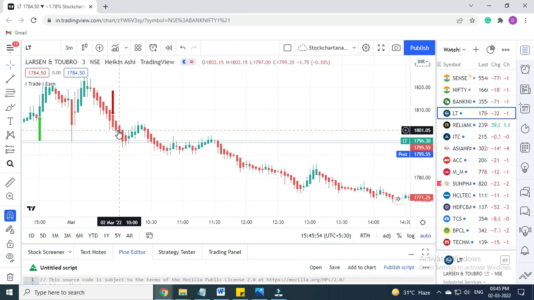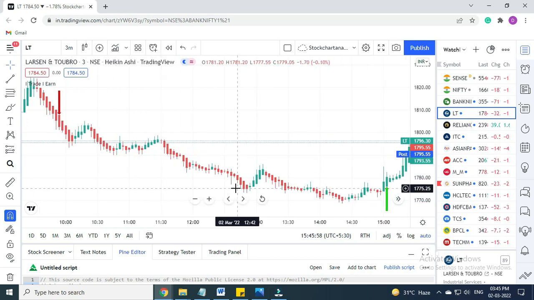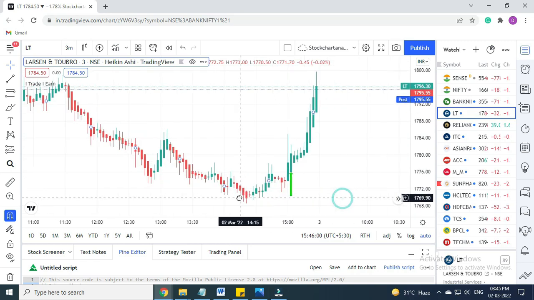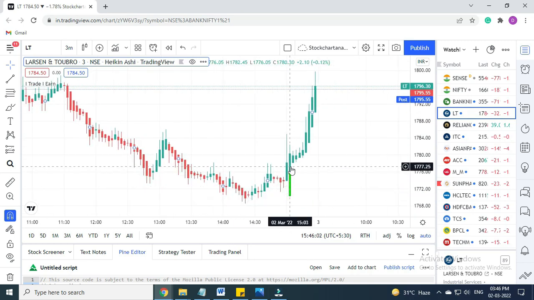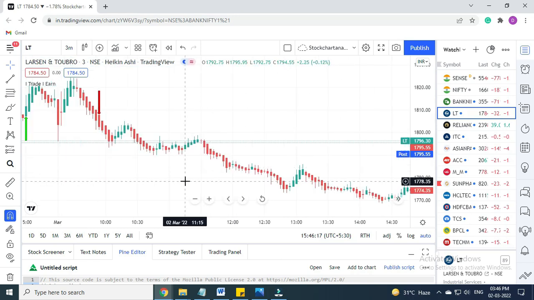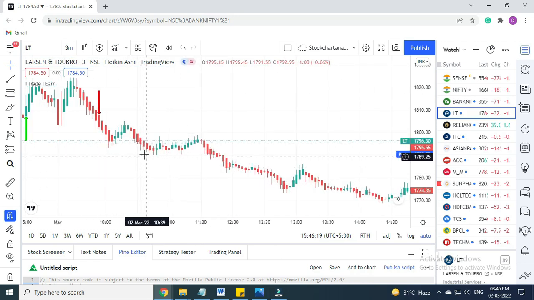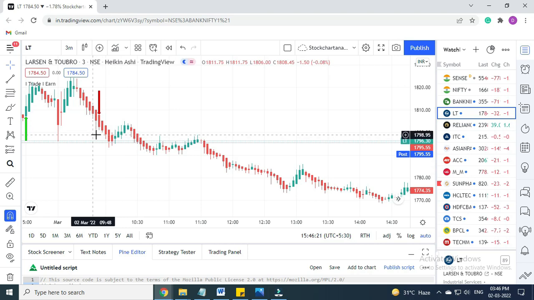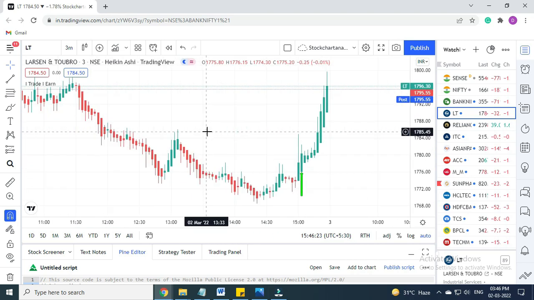The trade executed here, and you can see it went down right till here, and then again one more buy signal, and in this candle the trade got executed, but we will not consider this as a trade, because as I said, after 2:15 we do not take any fresh trades. And second, if we make profit in the first trade, then we do not trade for the rest of the day.